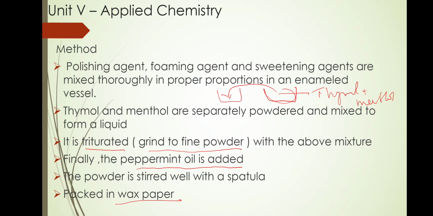Then this will be added to get a fine powder. That process is triturated, because it is added from the pipette and stirred. Then we add peppermint and the powder is stirred well with a spatula so that we get a uniform composition, and it is packed in wax paper. So that is tooth powder.